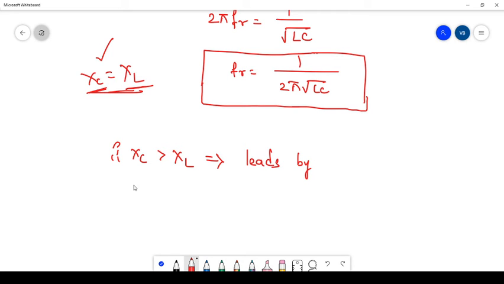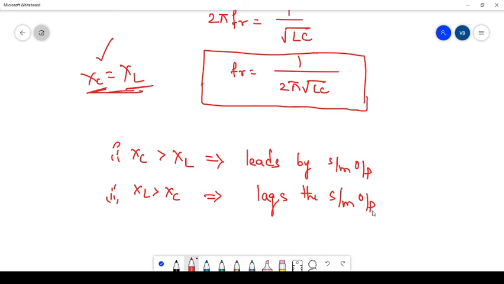So whenever XL is greater than XC, this will lag the system output. So this will lead the system output whenever XC is greater than XL. XL is greater than XC, that will lag the system output.